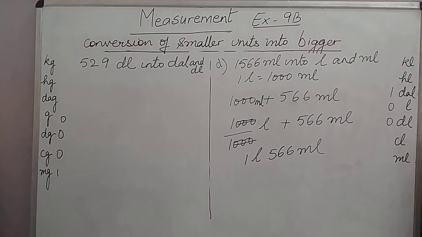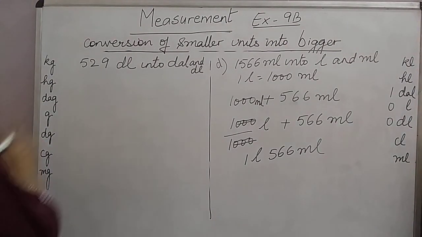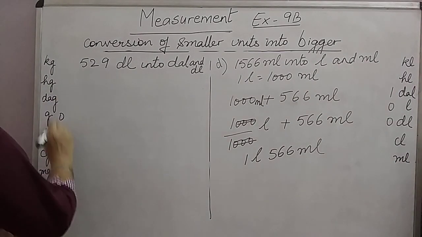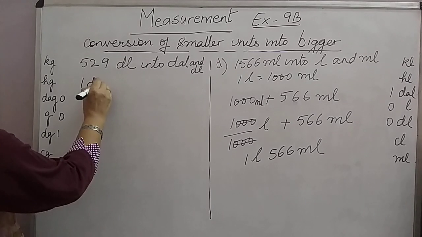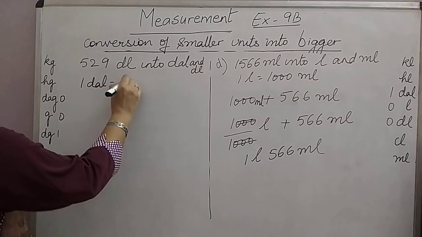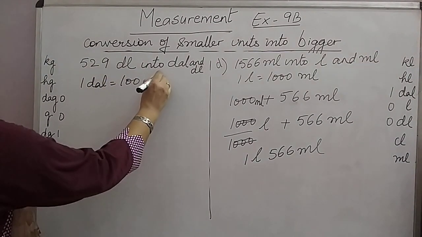Something like this only. So first of all we need to identify how many deciliter make 1 decaliter. We'll assume that instead of gram there is liter. So 100. 1 decaliter is equal to 100 deciliter.